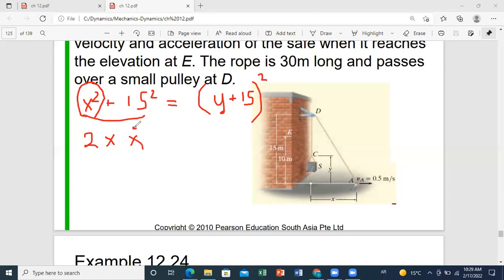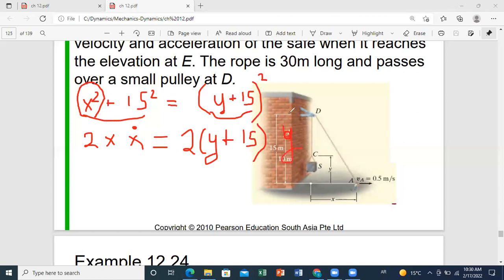Okay. Now 15 squared is a constant. So the derivative is 0 equals, for this term, when I derive this function, I will also use the chain rule. I derive first with respect to y, then I derive with respect to time. The derivative with respect to y is 2 times y plus 15 times dy by dt, because the derivative of this function with respect to time is dy by dt, which is y dot if you want.